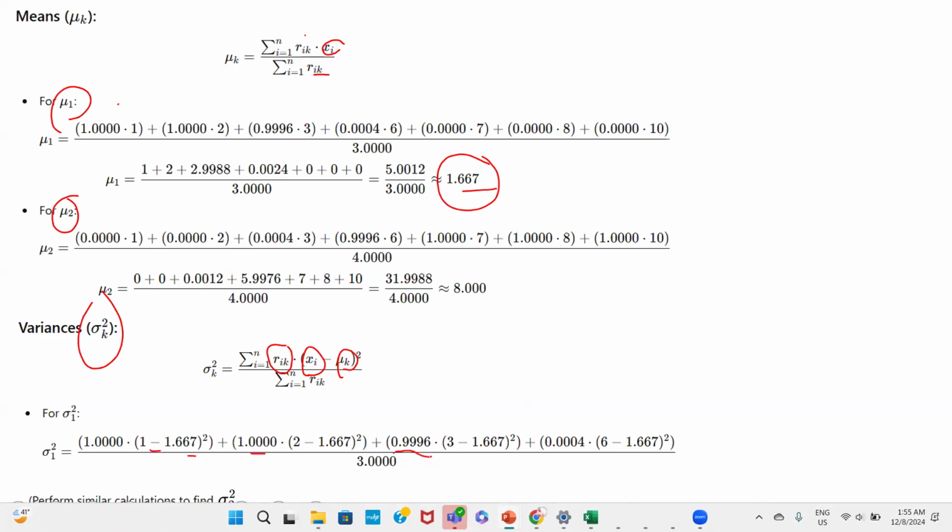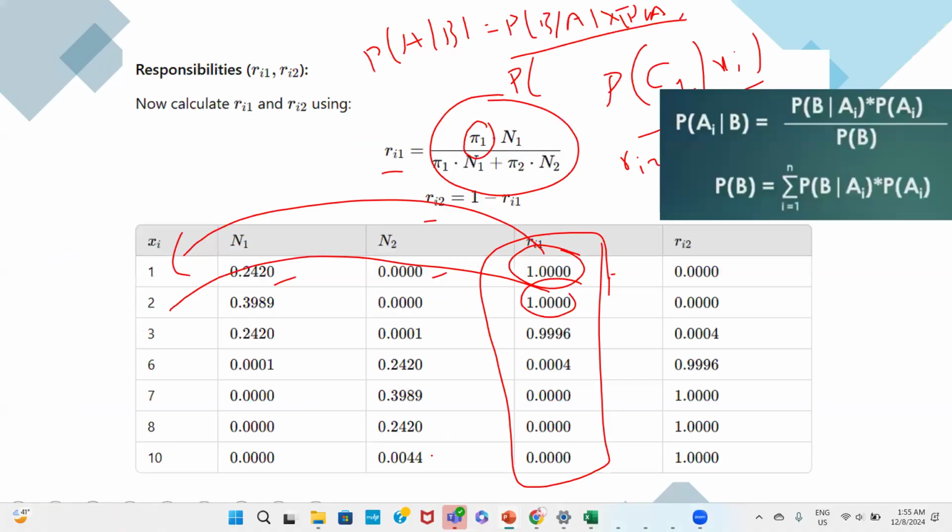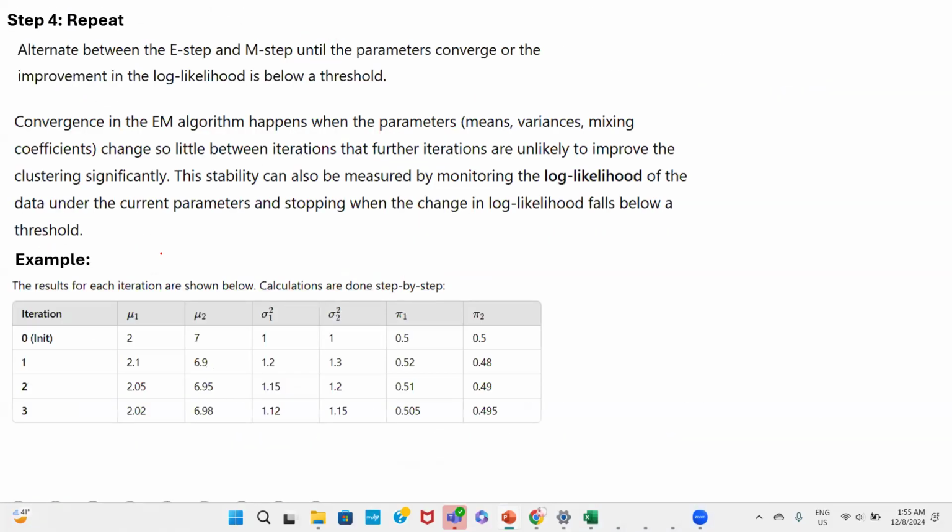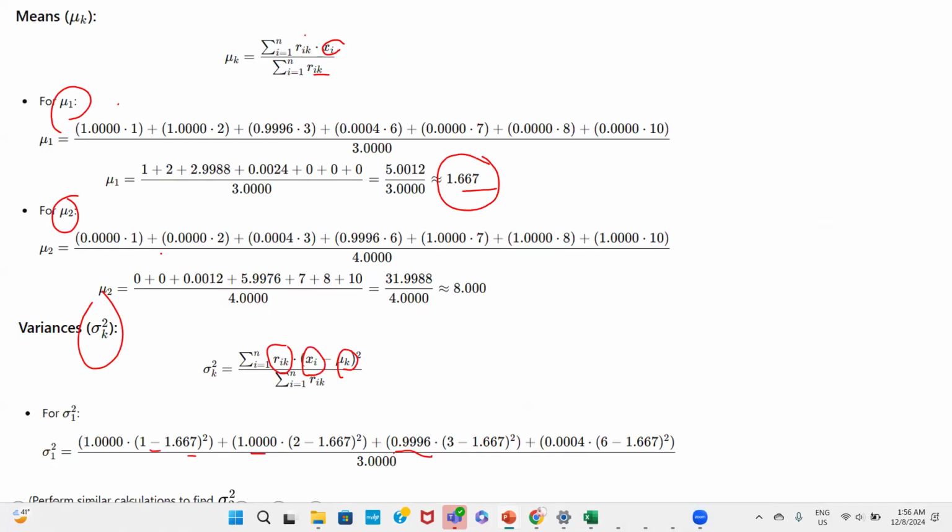So we have the updated responsibilities and the updated mean we calculated in the updated mean section. Responsibility times (point minus updated mean) whole square, divided by n. That is how you calculate the updated values for all the points.